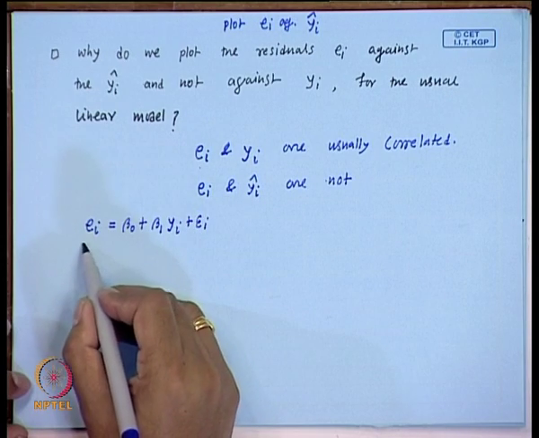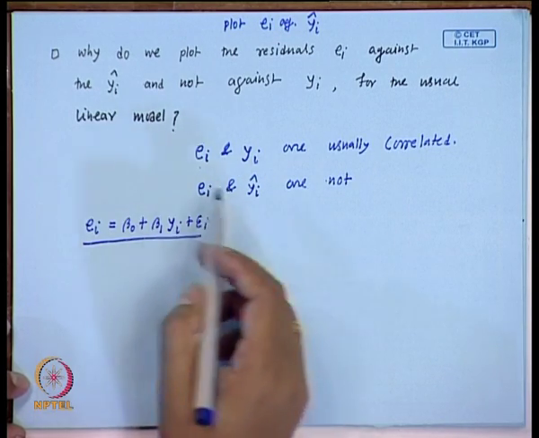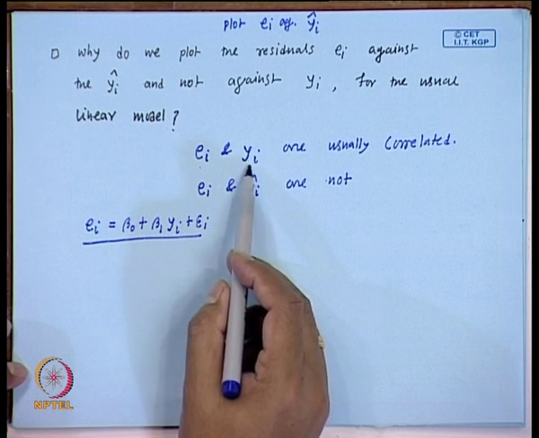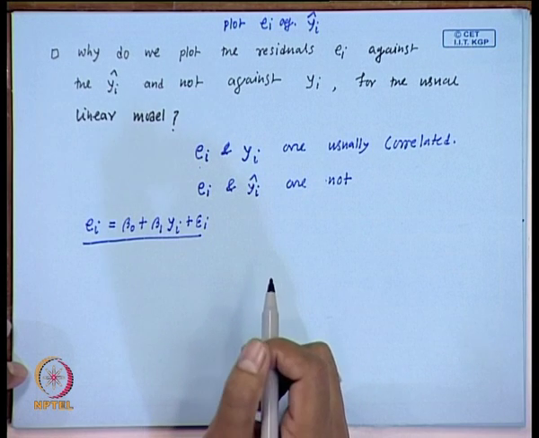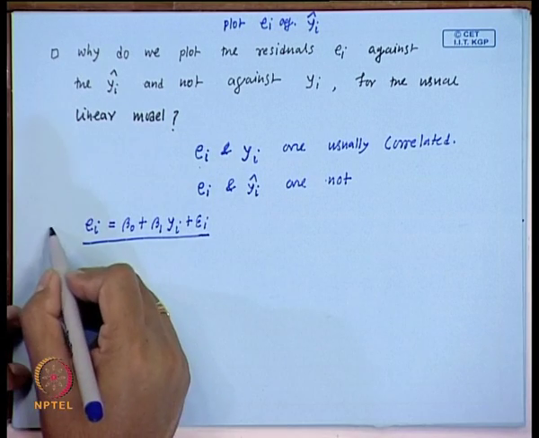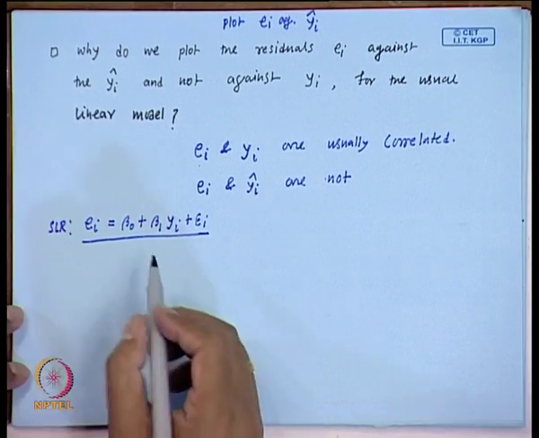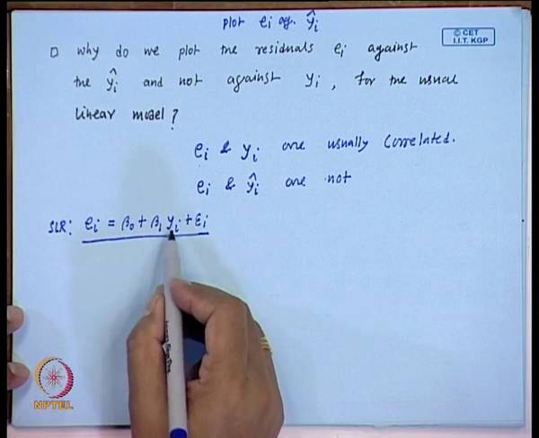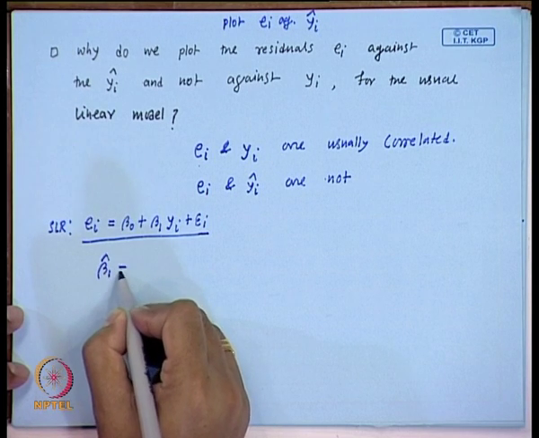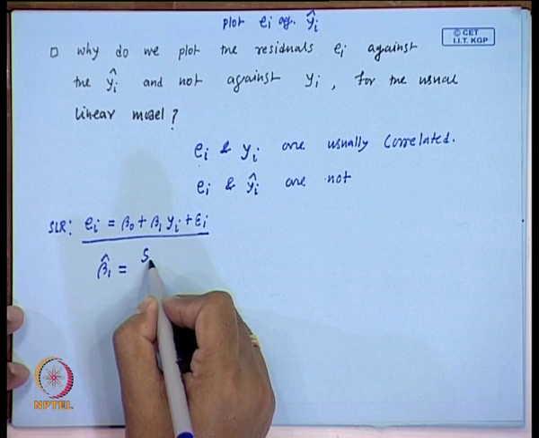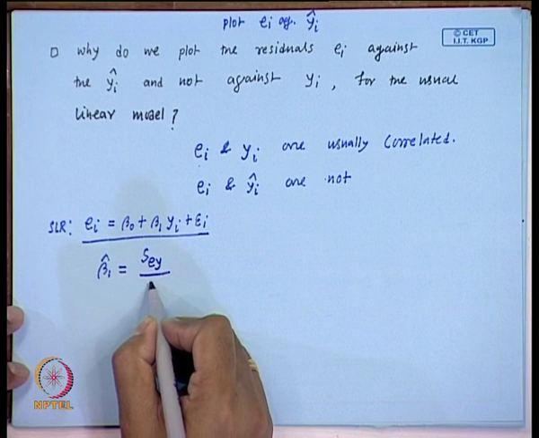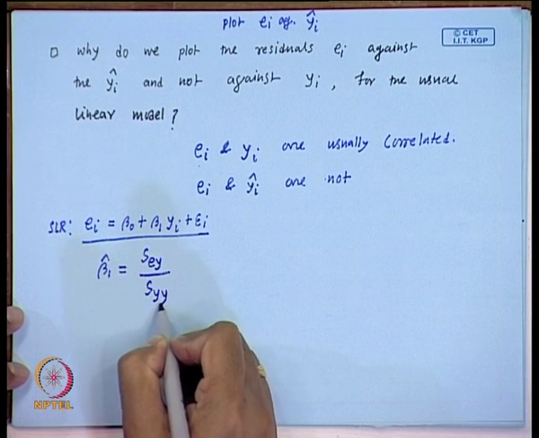I mean just a simple linear relationship between the residual and the observed value yi. Now, if you know the same technique, this is nothing but the simple linear regression model between the residual and yi. You can check that beta 1 hat is nothing but S_ey by S_yy.